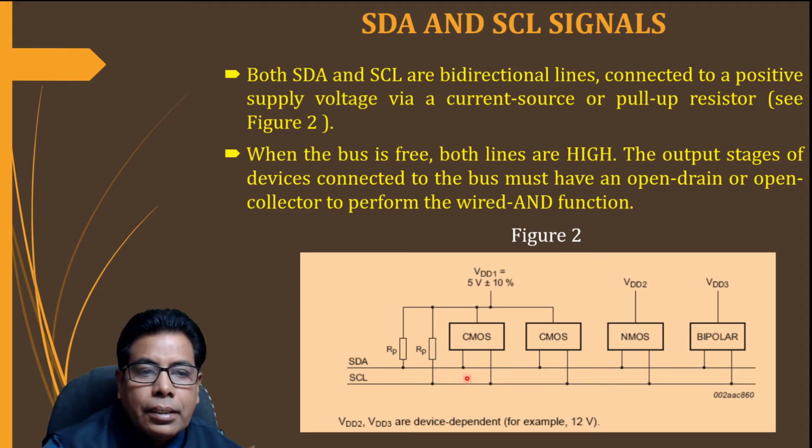Then they are connected to different families, here we have shown CMOS, NMOS or bipolar, and the VDD here is taken as 5 volts, whereas in this case it can be 12 volts or another value. So different voltages can work with the same bus.